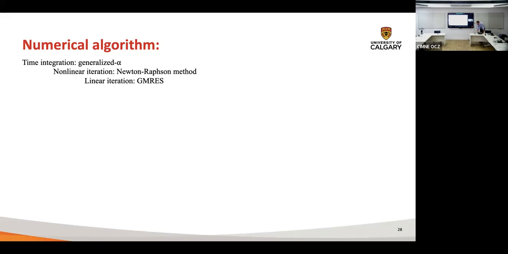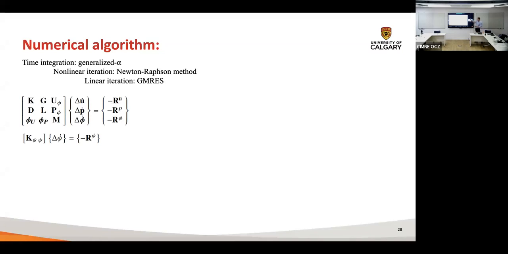And for the linear solver, we are using GMRES, and most of the time a simple diagonal preconditioner works well. We can also do the full inverse of the matrix, like an LU preconditioner, but for all of the cases presented here, the block diagonal preconditioner gives a very good solution. This is how it looks in matrix form.